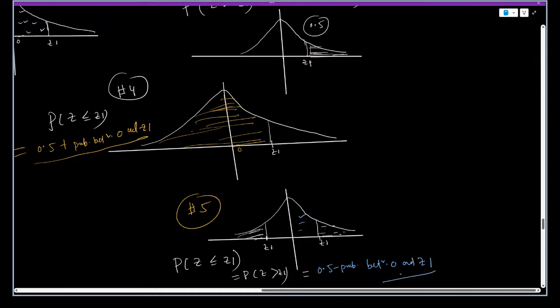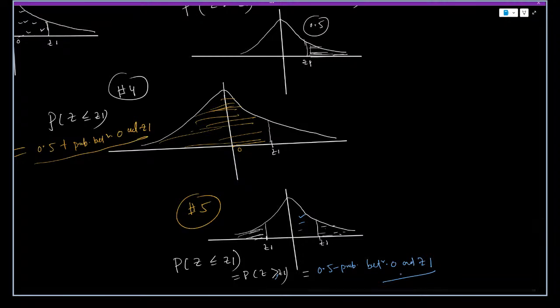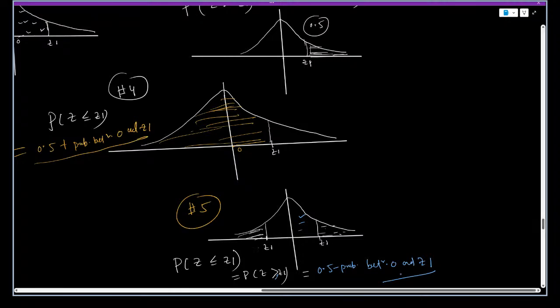Because there is no difference between Z less than or equal to Z1 and Z greater than or equal to Z1: if Z1 lies on the left side, this is minus Z1 and this is plus, so the area to the left of Z1 is the same as the area to the right. Is that clear?